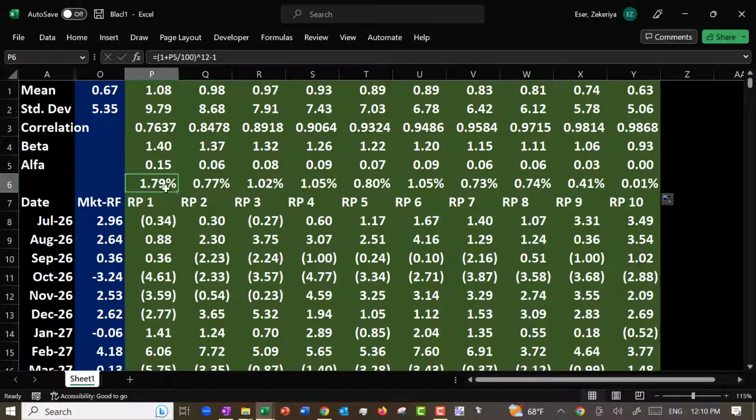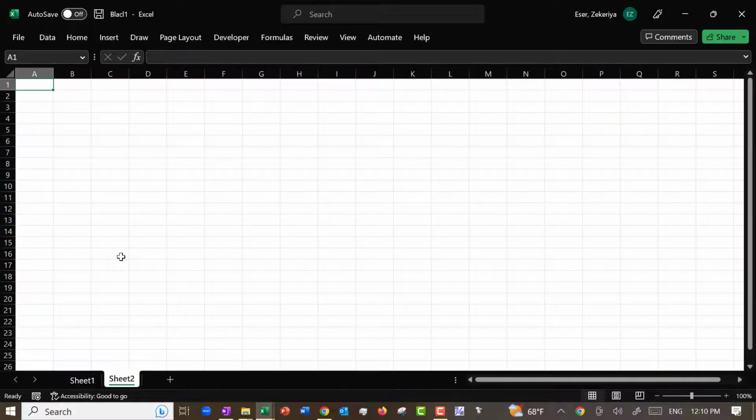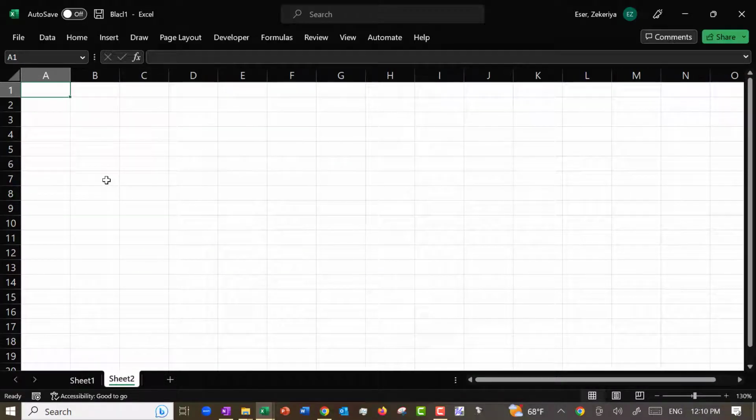Here is what 2% means over 40 years. Over 40 years, that would be doubling the money, right?